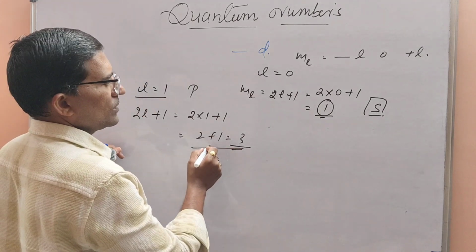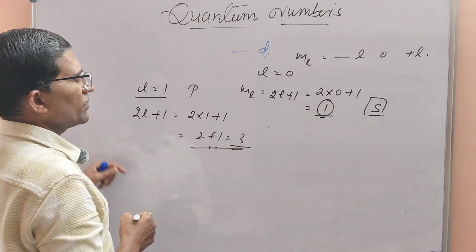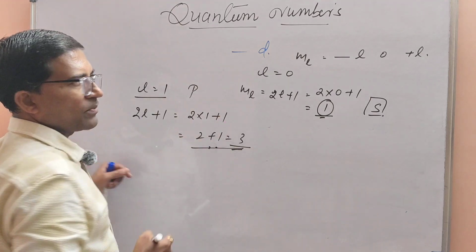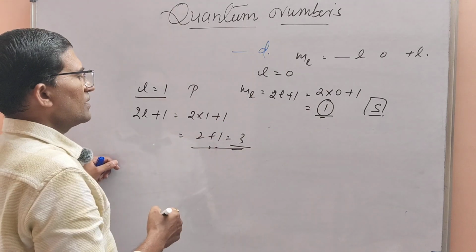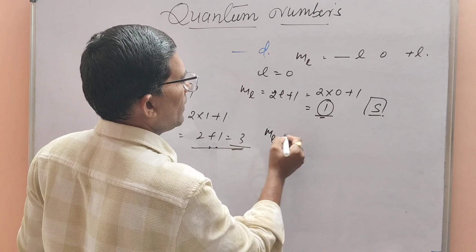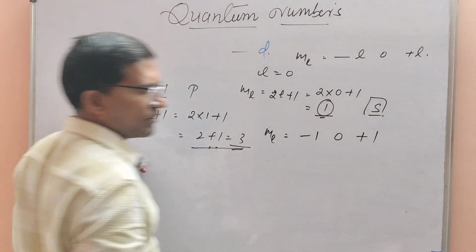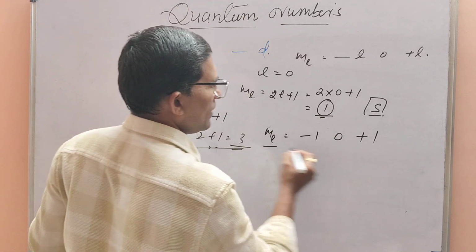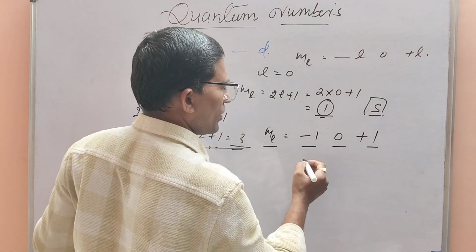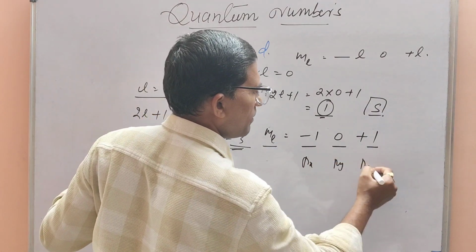Try to understand. Here I am explaining the ml values start from -1, 0, plus 1. The ml values are -1, 0, plus 1, for the px, py, pz orbitals.